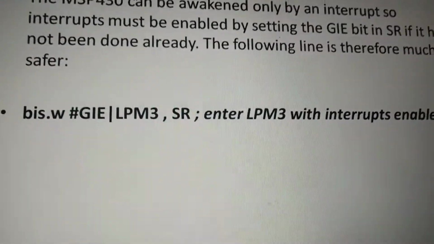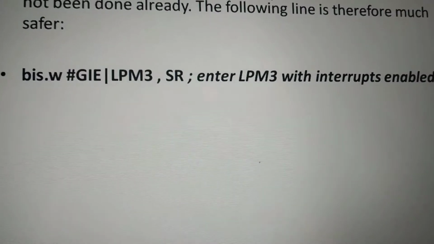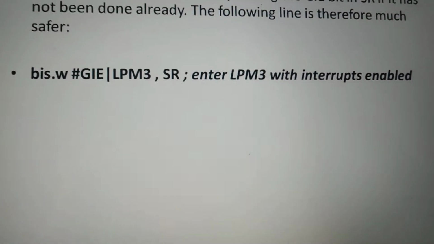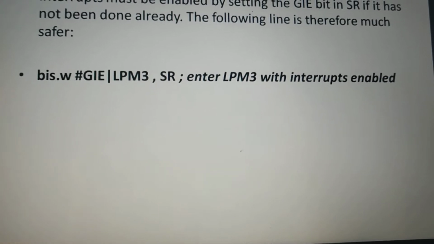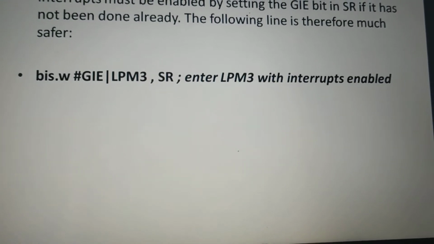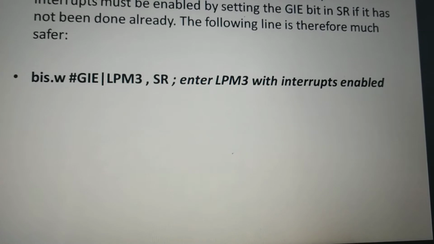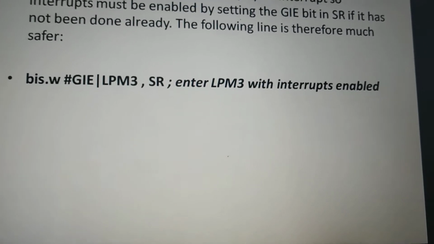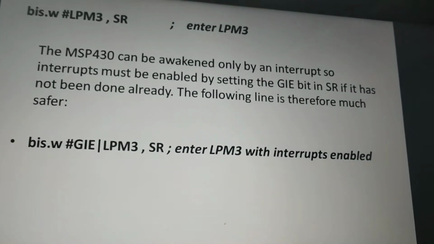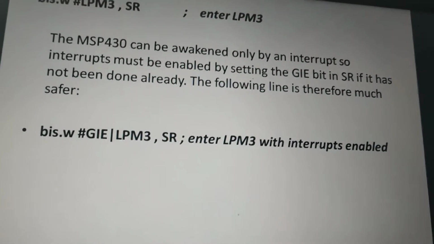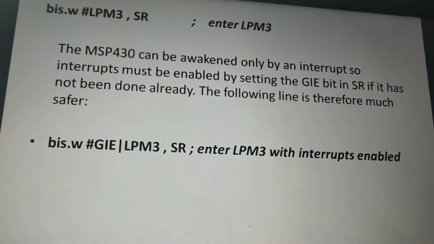Okay, so this is how we will be writing in the program. It is bis.w, that is bitset.w, hash GIE or LPM3, SR. So GIE bit is also set, and the bits related to LPM3 will also be set in the destination register, which is the status register.